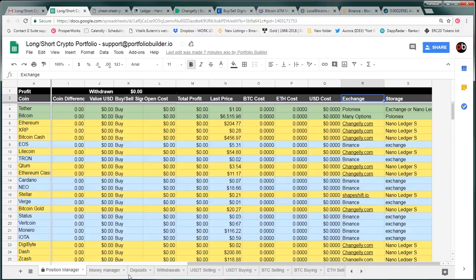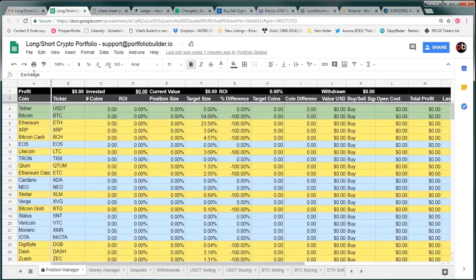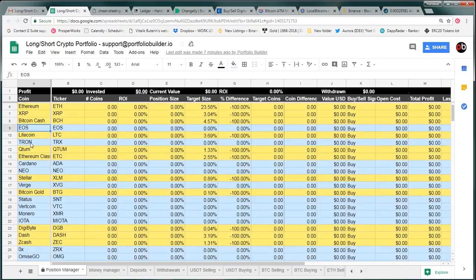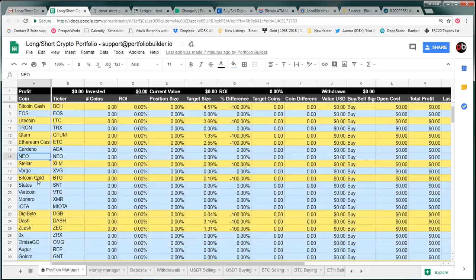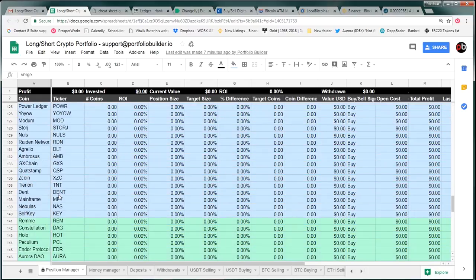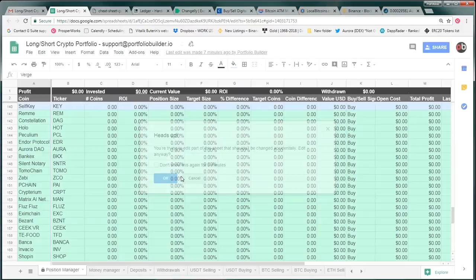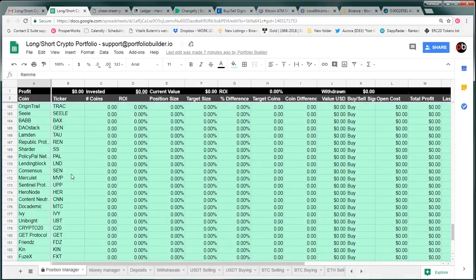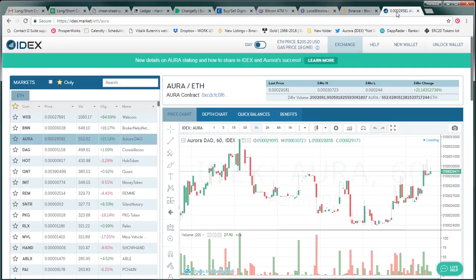And to review, the yellow coins are included in the basic program, including, of course, Bitcoin. If you upgrade to a gold level membership, you get these blue coins, which are purchased through Binance. And if you upgrade to a diamond level membership, you get to purchase these turquoise coins, which are available only through IDEX.markets.